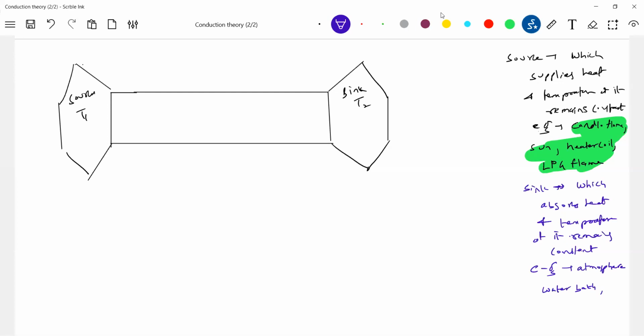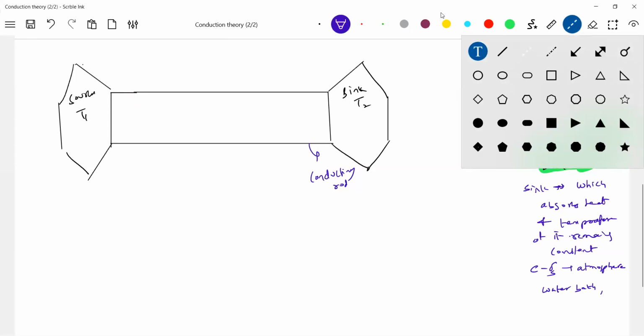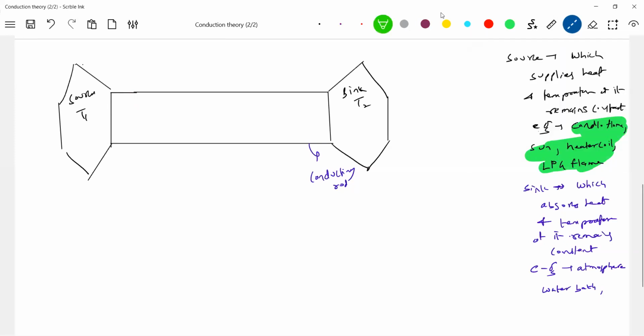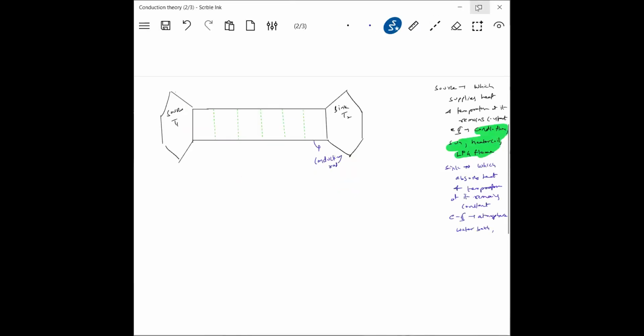Okay, this is about the rod. There's a rod, a conducting rod. The moment I bring the conducting rod in contact with the source, we will split this into parts.